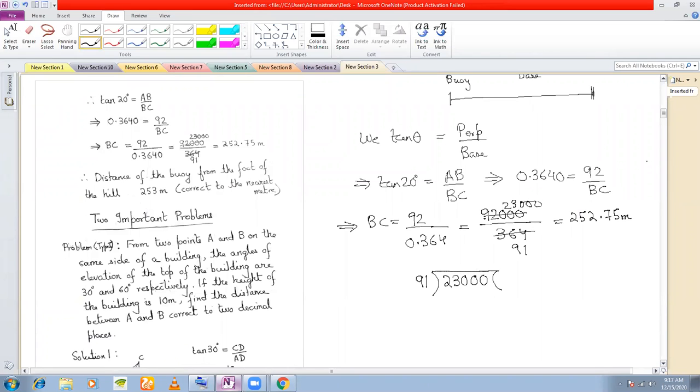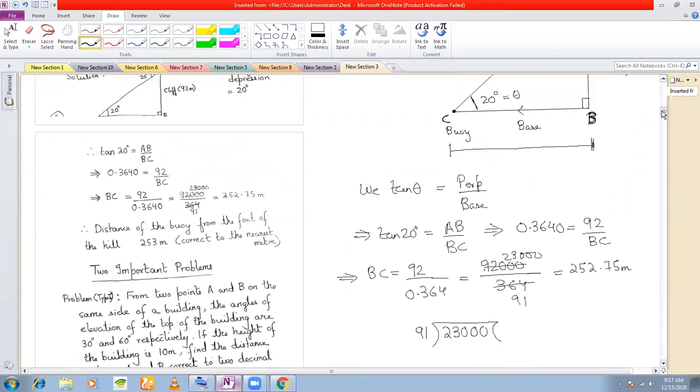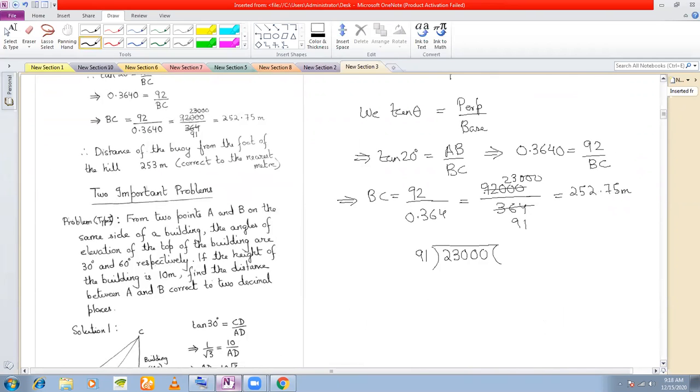But the question here is: calculate to the nearest meter. So that means 252.75 you have got. That means you can approximate this to 253 meters, correct, to the nearest meter.